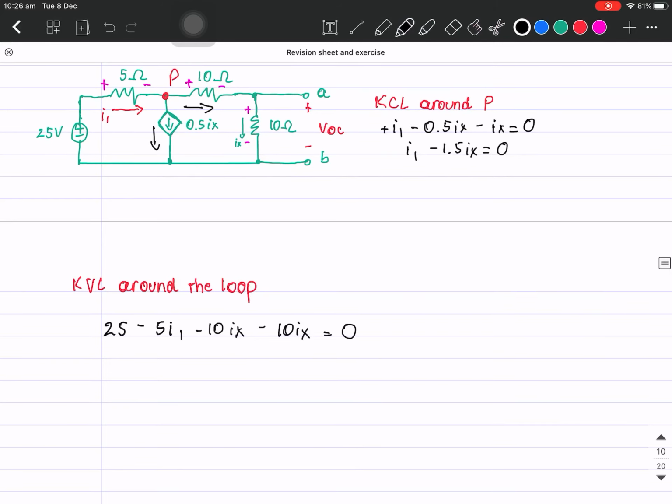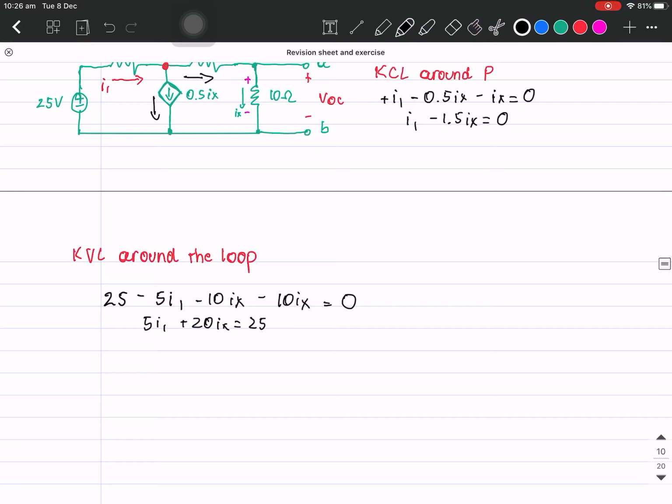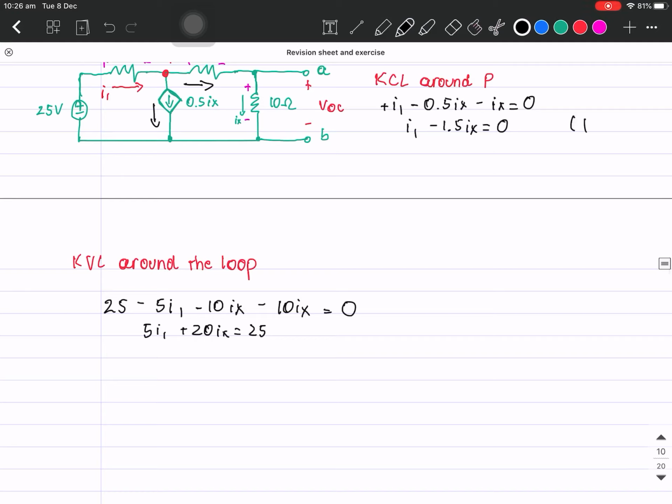Okay. So this should give me 5I1 plus 20Ix is equal to 25. Why did I do that? I multiplied by -1 for this one to get 5I1 instead of -5I1. Okay. We got the idea. Right. I'm gonna name this equation number 1. This one is number 2.